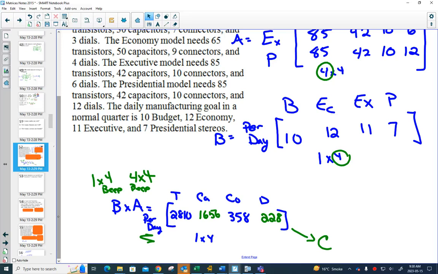And in that multiplication, we get our answer right away. Right? All these fancy stereos are getting made.